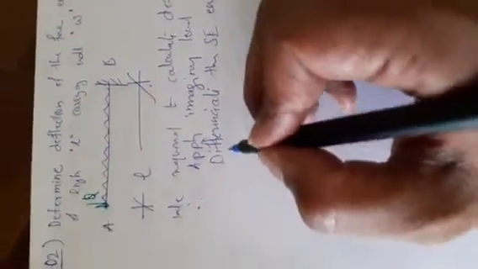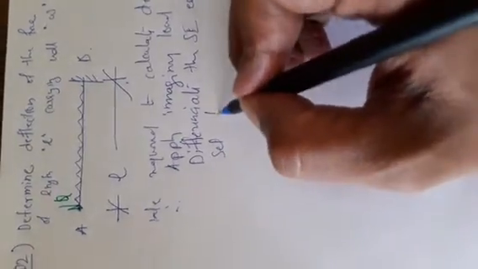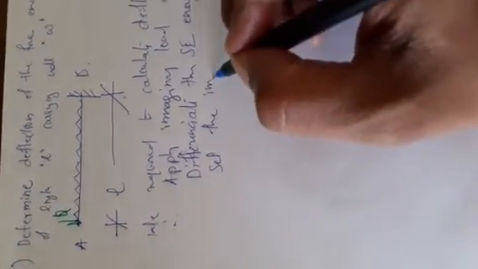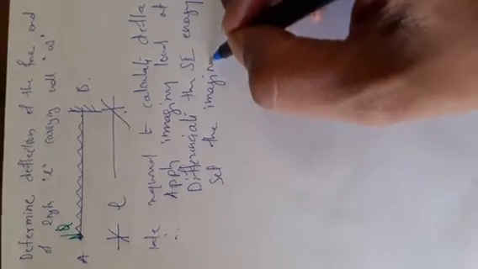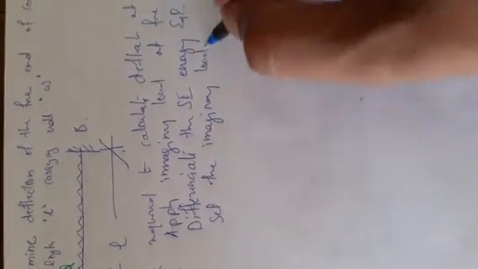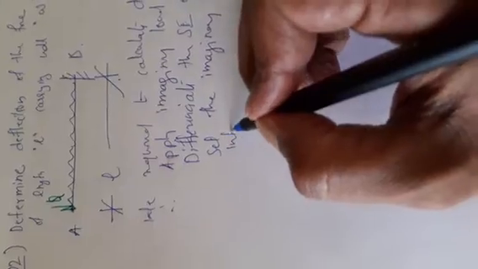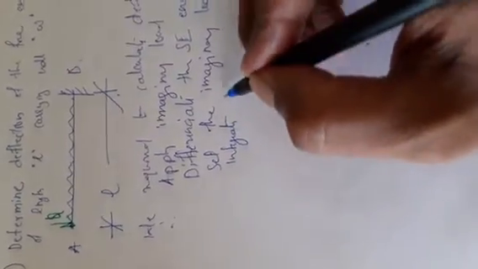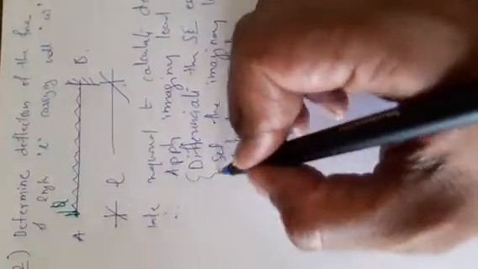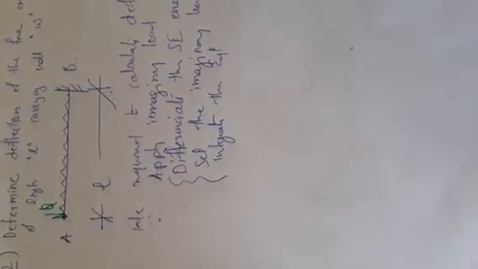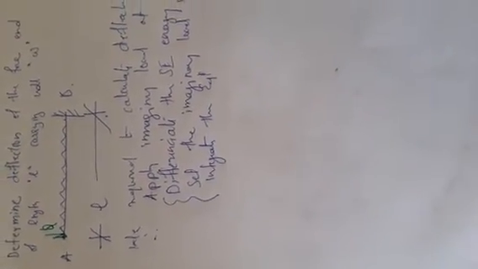Next, set the imaginary load to 0 because this load does not exist. So I am going to set that to 0. Then integrate the equation. So these are the steps you have to follow if there is no point load at the required point.